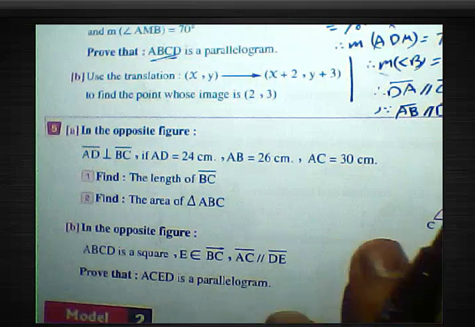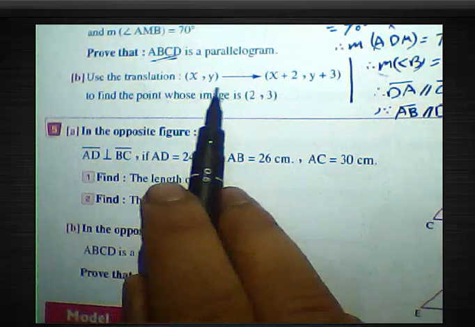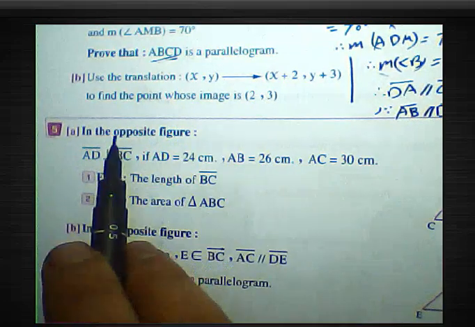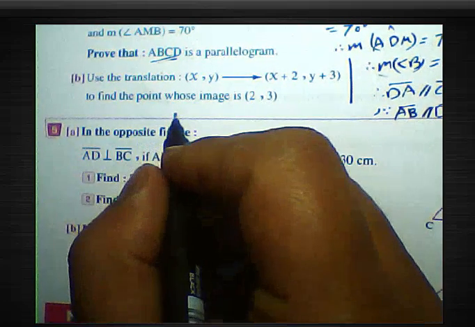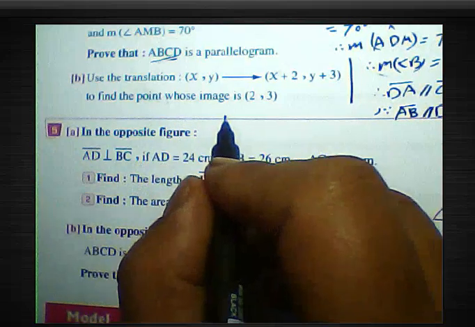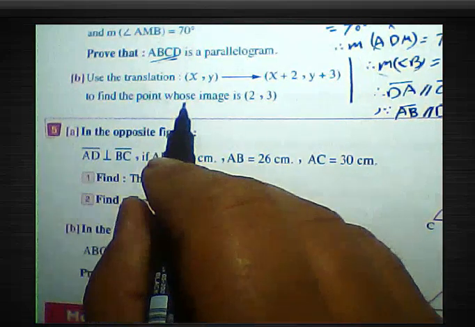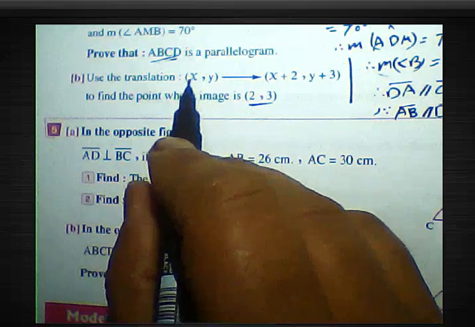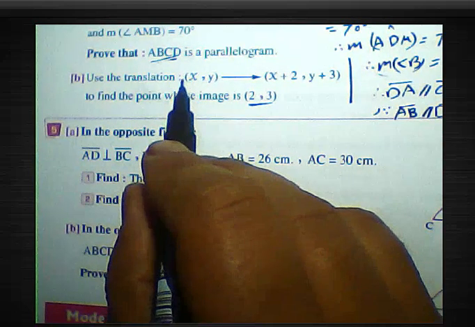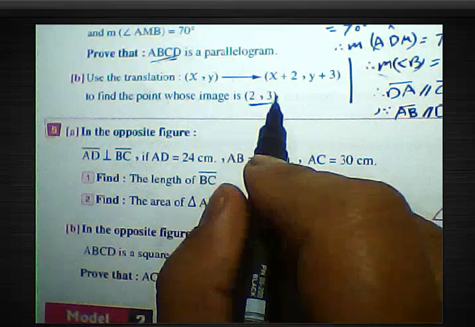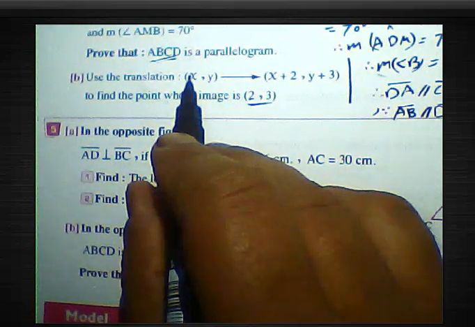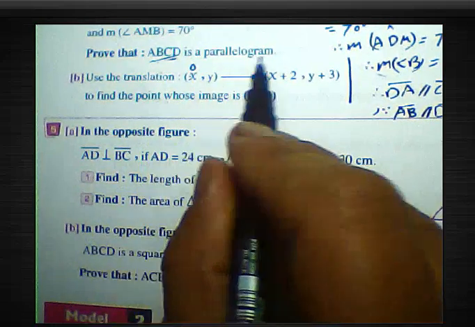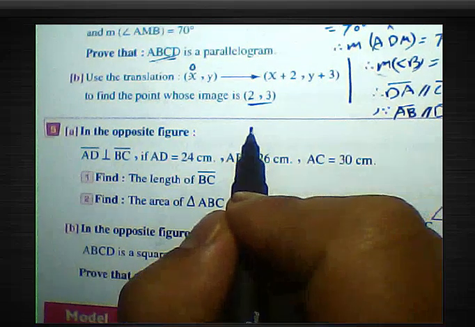Use the translation (x, y) to (x plus 2, y plus 3) to find the point whose image is given. We want to find the original point here, x and y. 2 plus 0 equals 2, 3 plus 0 equals 3.